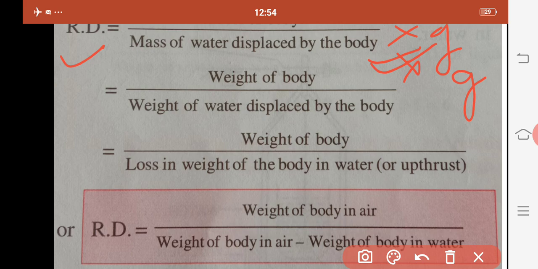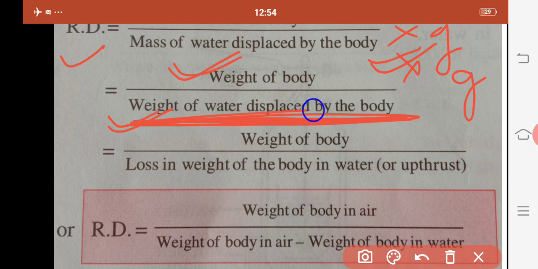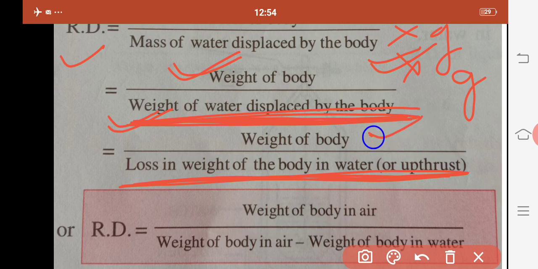Therefore relative density is equal to weight of the body upon weight of the water displaced by the body. By Archimedes, weight of the water displaced is equal to loss in weight of the body. So relative density is equal to weight of body upon loss in weight of the body.